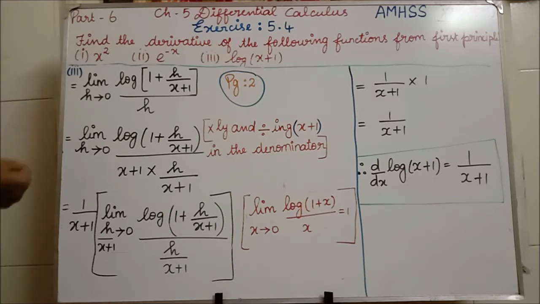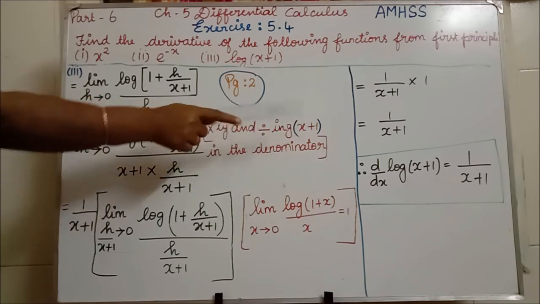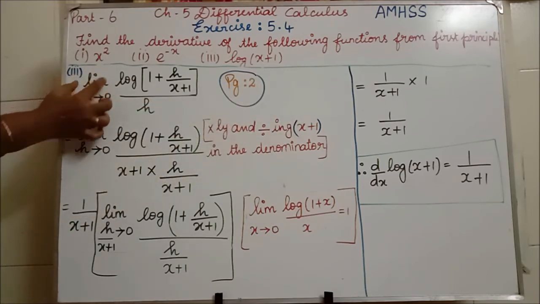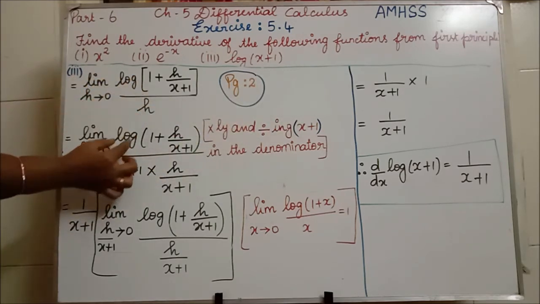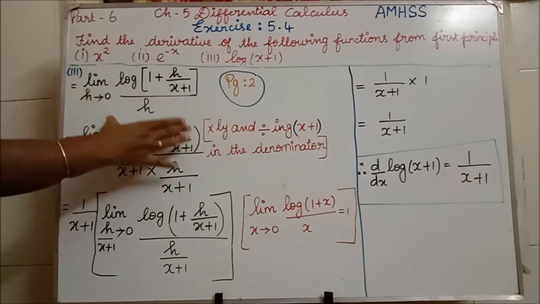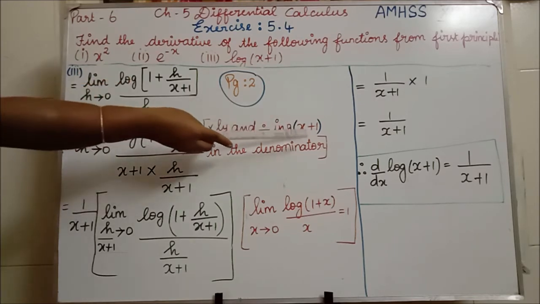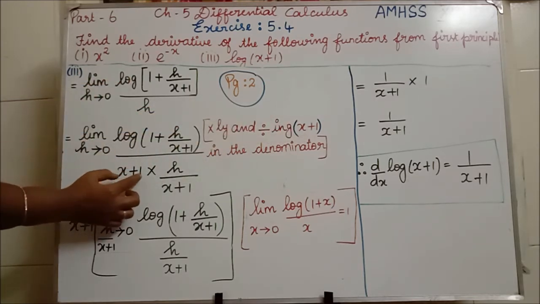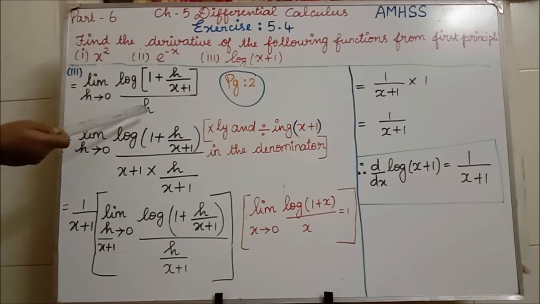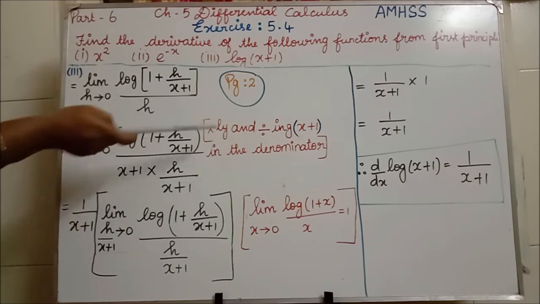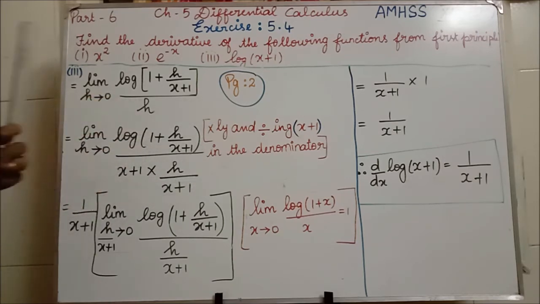First, in the denominator only we are multiplying and dividing x+1. See, limit h tends to 0, log of (1 plus h divided by x+1), the numerator part fully same. In the denominator h, first we are multiplying x+1, so (x+1) into h, divided by the same x+1.